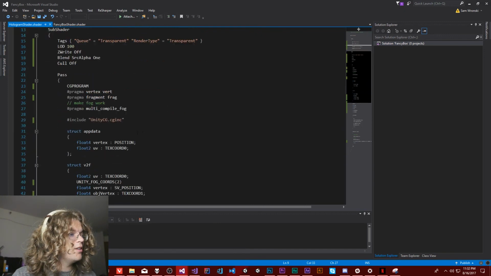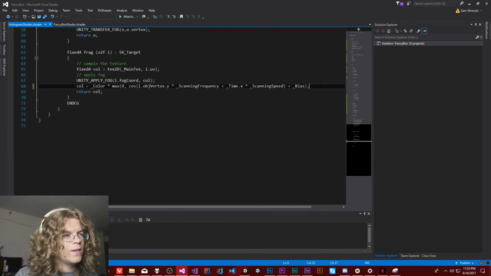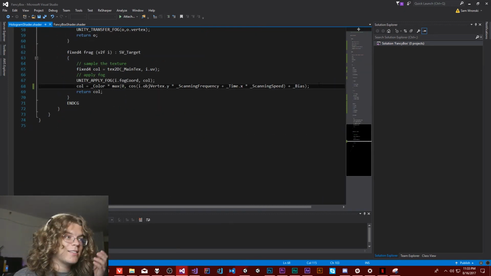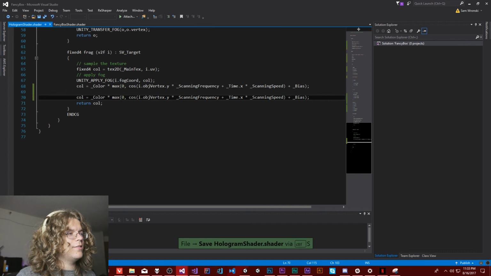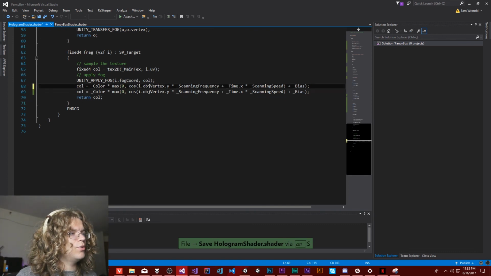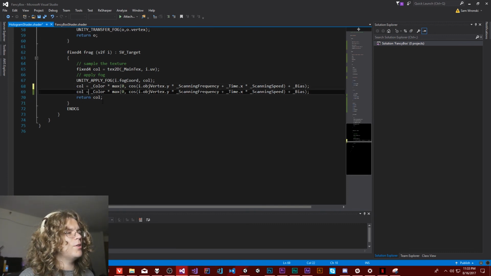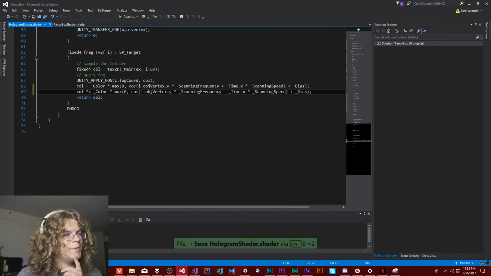I'm going to quickly add, just as a proof of concept, something along a different axis. And so, do we want to add to that or do we want to multiply? These are the choices we have. I'm going to multiply it because I think that'll look really cool.